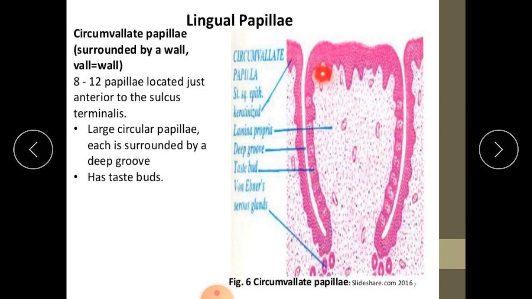These are secondary papillae. Only on the upper surface, the side walls usually contain several taste buds. You can see taste buds are present here. So 8 to 12 large circular papillae are located just anterior to the sulcus terminalis, each surrounded by a deep groove, and has taste buds.